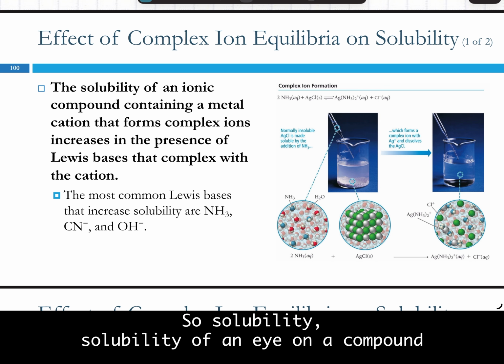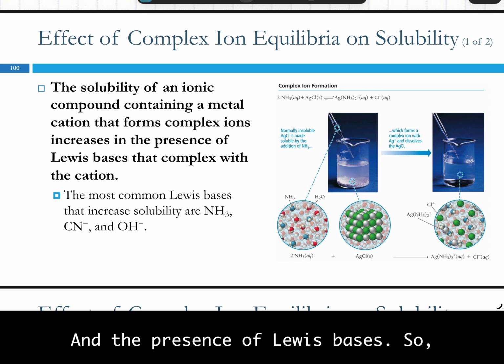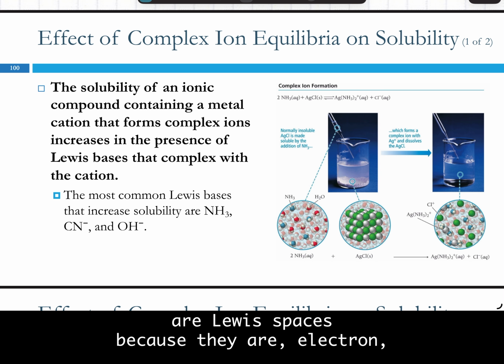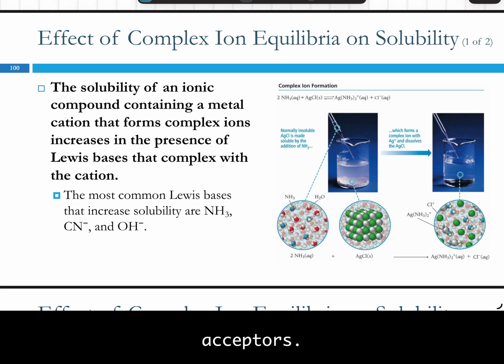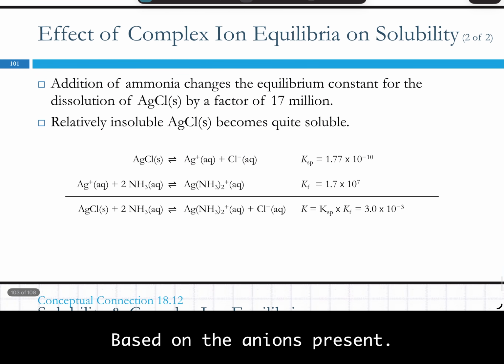So the solubility of an ionic compound containing a metal cation can change, because the cation forms complex ions in the presence of Lewis bases. So metal cations are Lewis acids because they are electron pair acceptors. Their solubility can be increased based on the anions present.